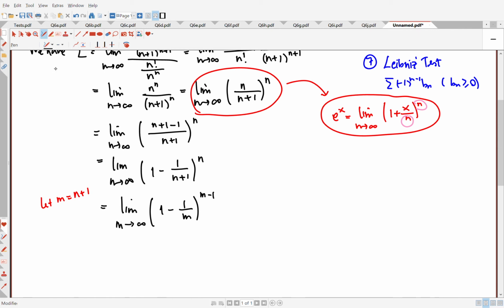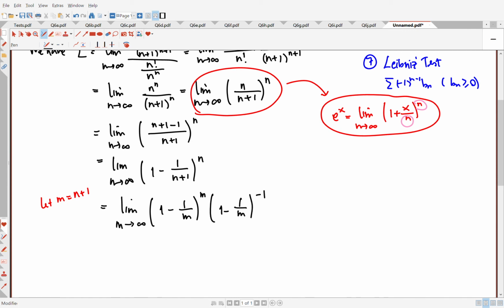But to use this definition, I need this to be the same as this. So what we need to do, we can just split this into a product, with the other factor to the power minus 1.